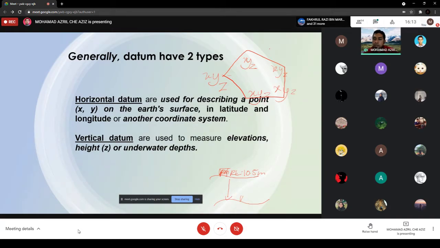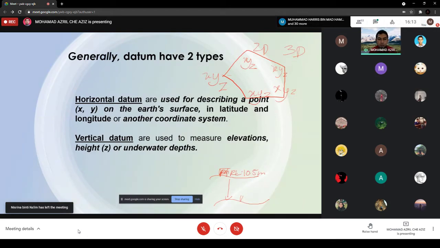So in cadastral it is only 2D data, in engineering it is 3D data. Okay, so I hope all of you are clear about the horizontal and vertical datum before we move further.